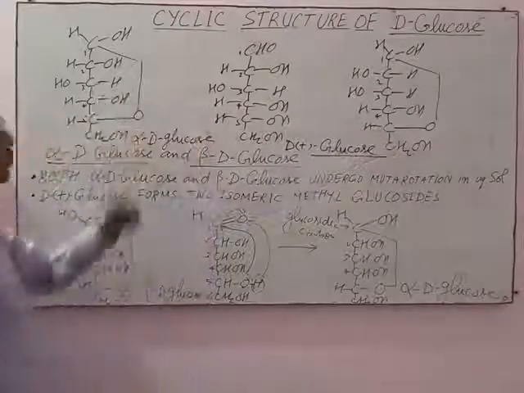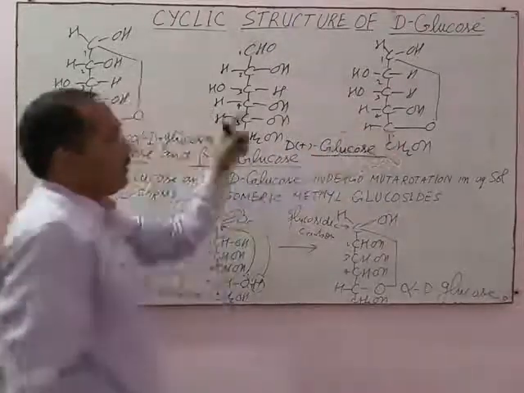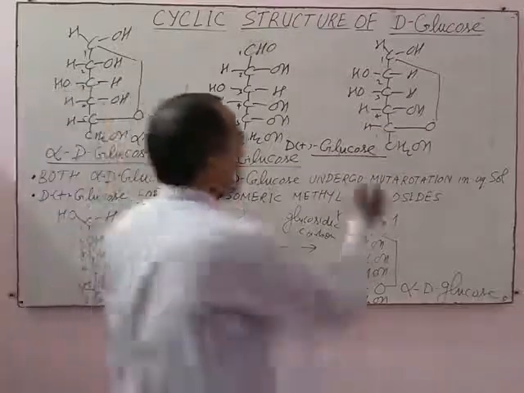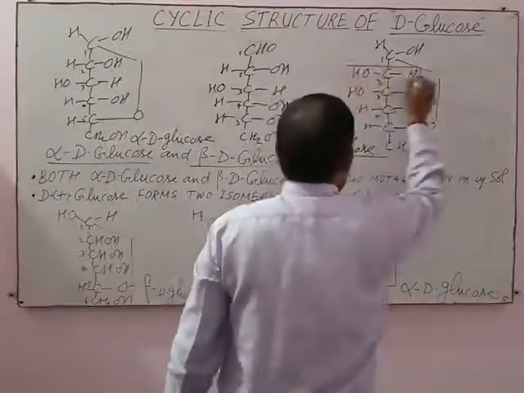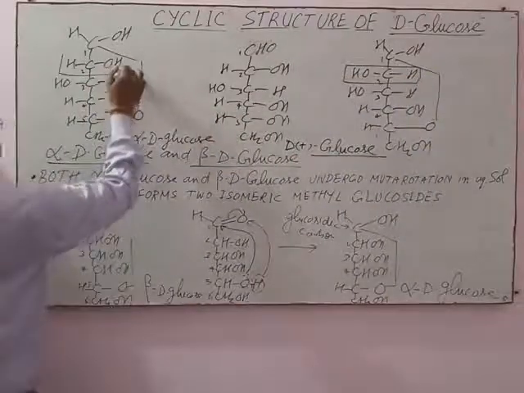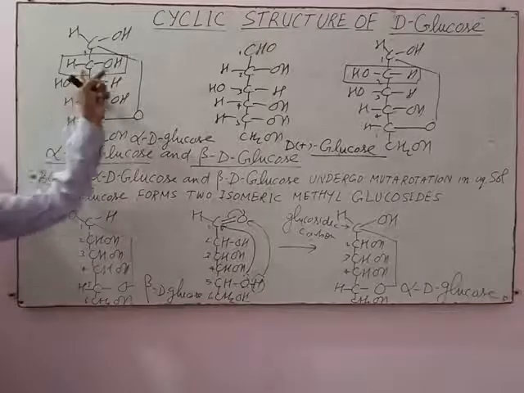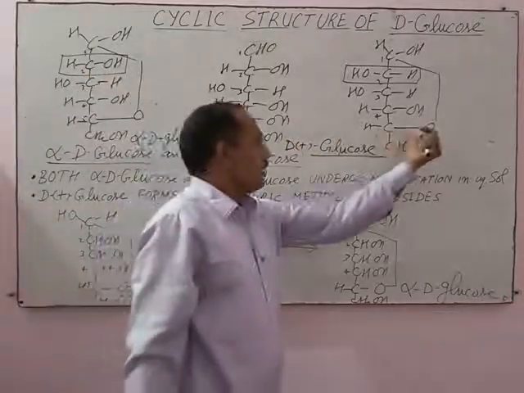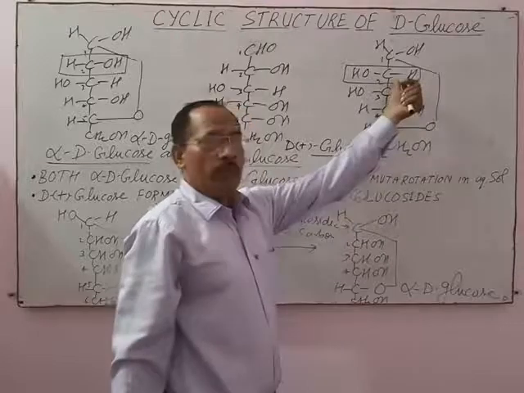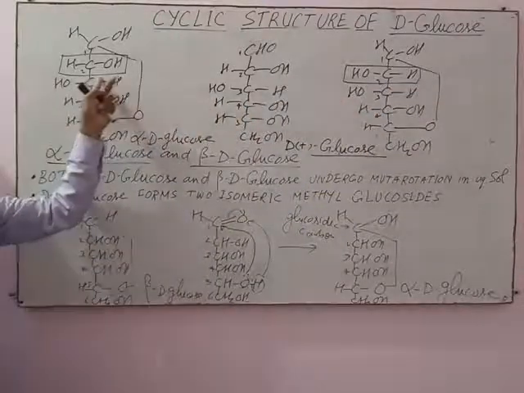These two forms are known as epimers of each other because the configuration at carbon number 2 differs in these two structures. It means this structure is the C2 epimer of the other.